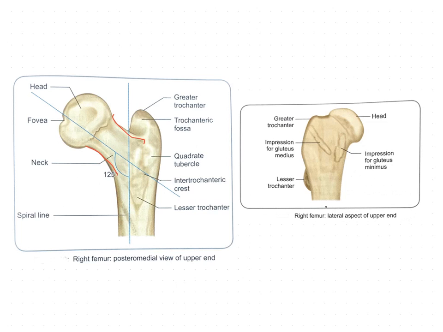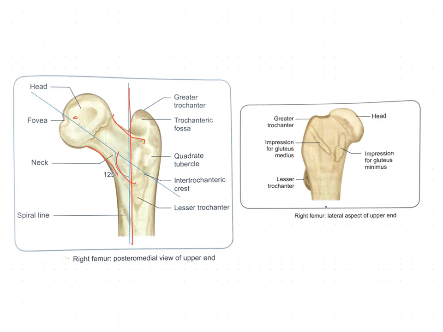This is the angle of inclination, which is making an axis drawn from the head and neck, and which cuts the longitudinal axis of the shaft of the femur, makes an angle of 125 degrees. This is called the angle of inclination.